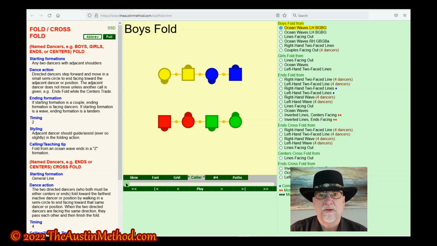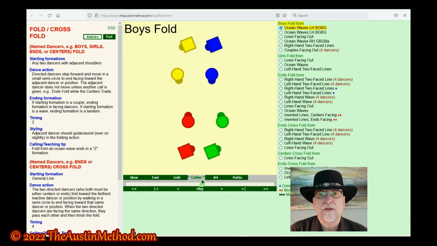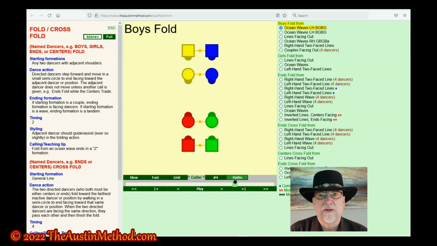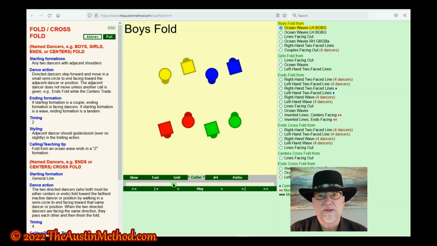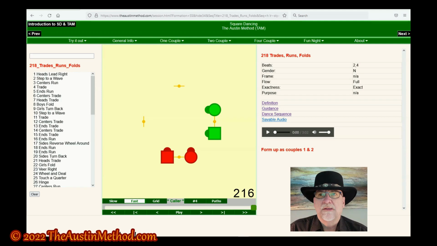So let's take a look. The boys are folding behind the girls while the girls are coming together. Notice the outside girls are coming in towards the center of the square to form up into a double pass-through formation.